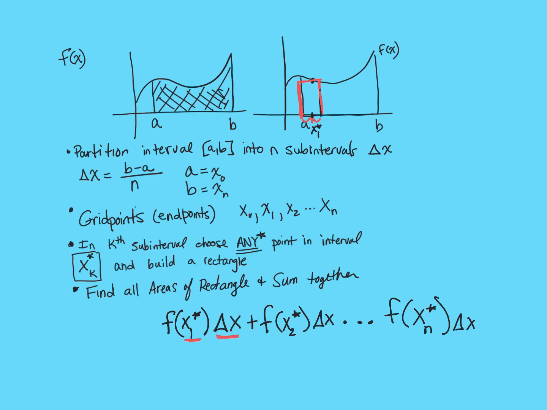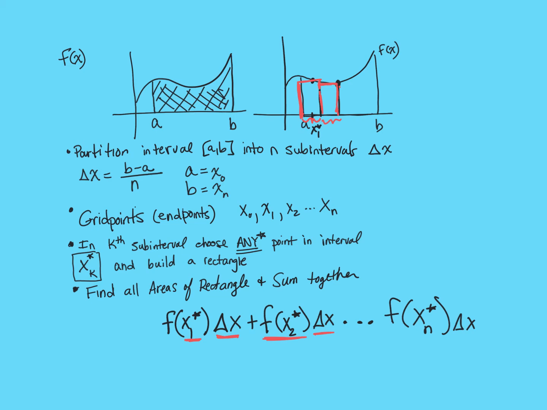So I can choose any point that I want. I could choose this point, and then that would be the height of this rectangle, right? So that would be our second subinterval, and we would choose x sub 2 star, some point in that subinterval. Find the function value, that's the height of the rectangle, and then multiply by the width of the rectangle.